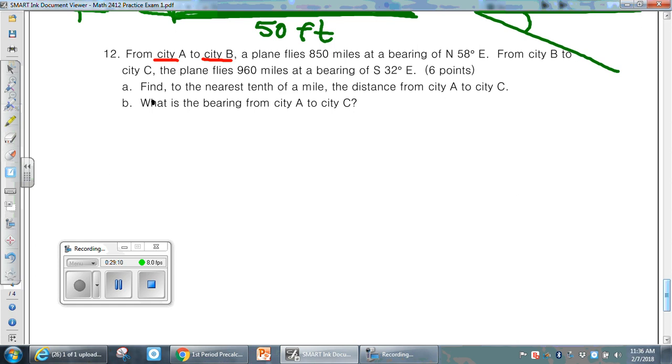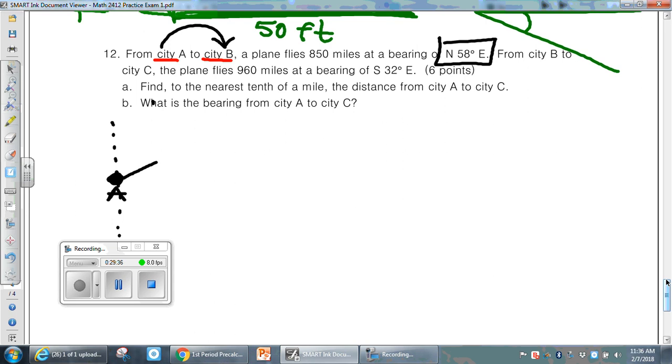So from city A, this is A, and then we're gonna go at this bearing, north 58 east, and we will arrive at city B. So that's the north-south line, right here, origin. So look at my marker. From here, 58 degrees east direction.